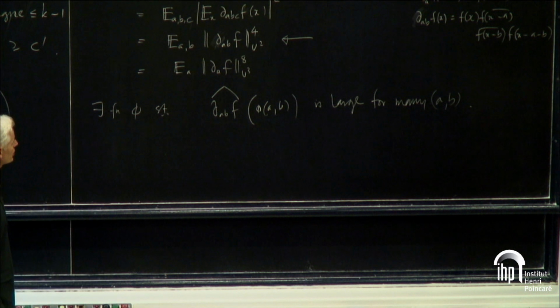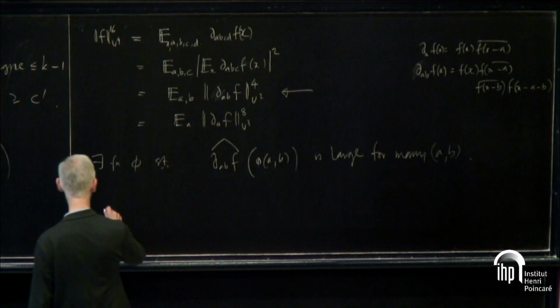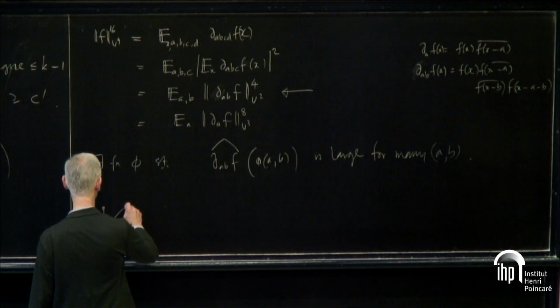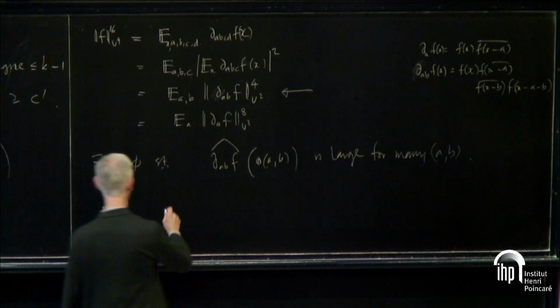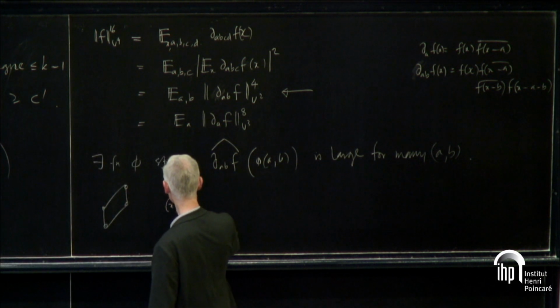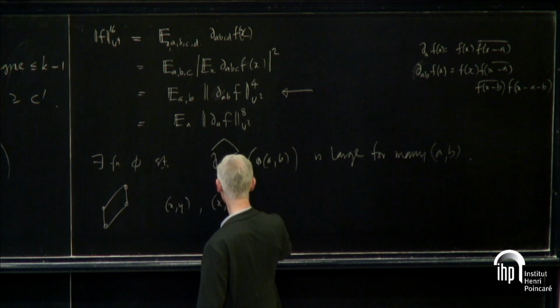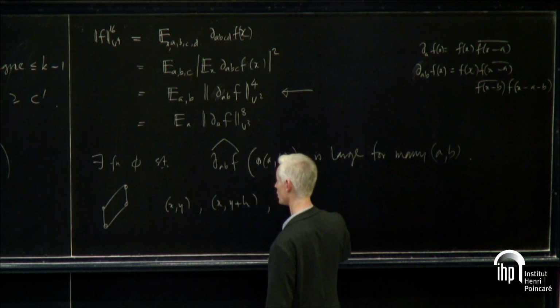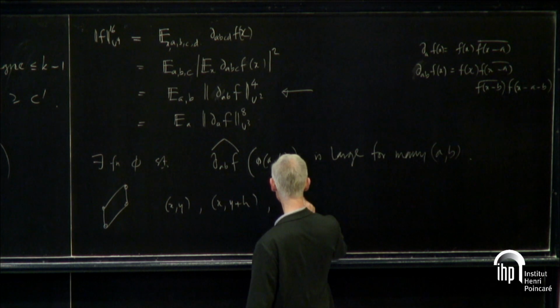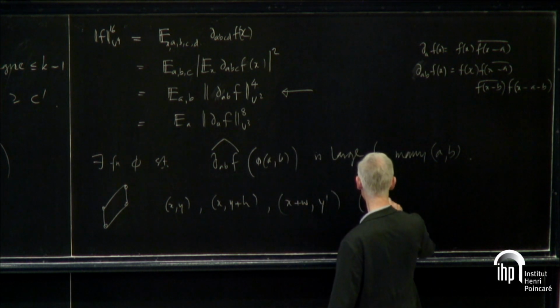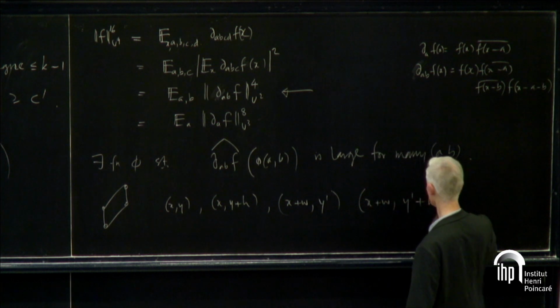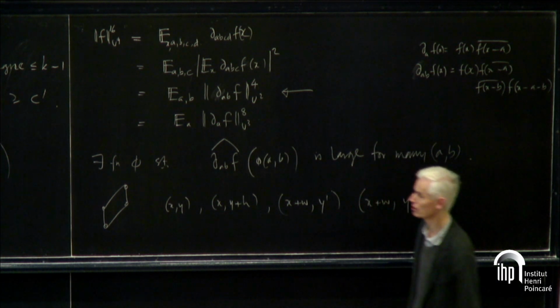In order to say one nice property that f has, I need one quick definition. I'm going to define a vertical parallelogram to be a set of points in F_p^n of the form (x, y), (x, y + h), (x + w, y'), and (x + w, y' + h).